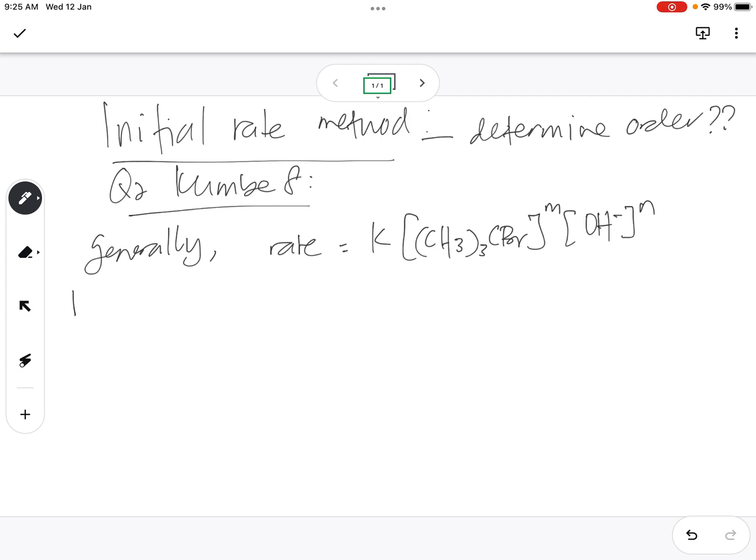So I write experiment 2 divided by experiment 1. Then I write the rate law.